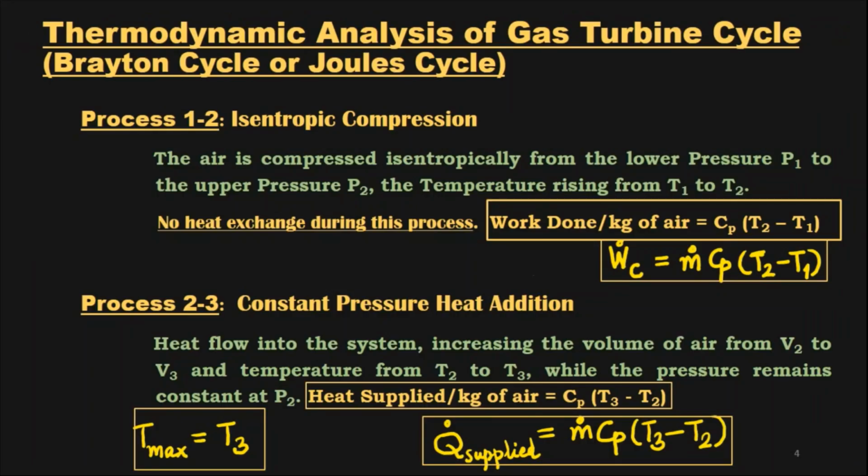In order to get the optimum pressure ratio for maximum specific work output, first of all we have to write down what is the expression for the net work output, and in specific terms, that means the work done per kilogram of air. We know that during isentropic compression, the specific work done on air is given by Cp into T2 minus T1.